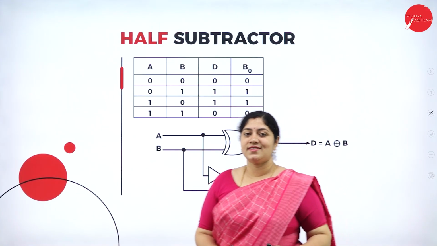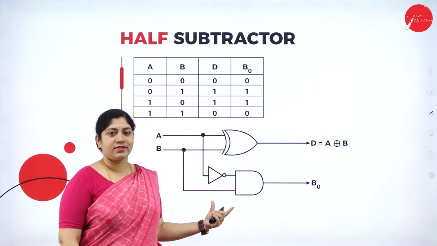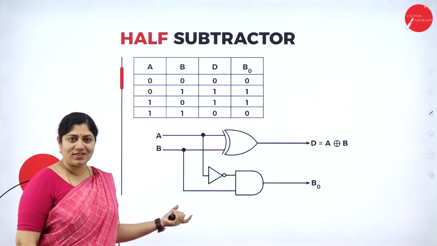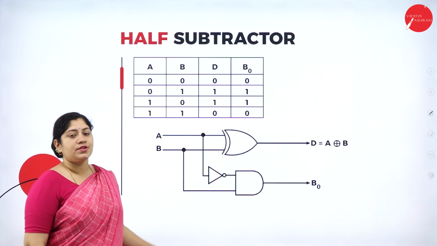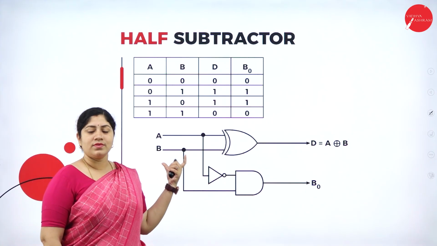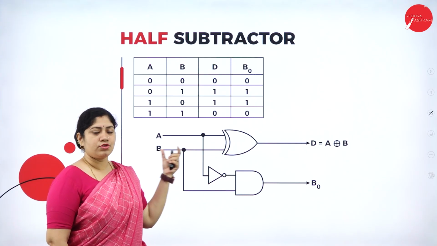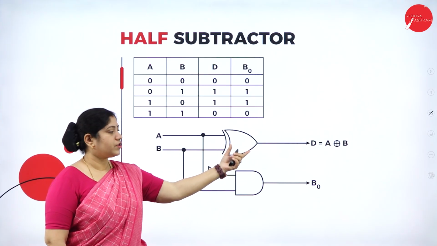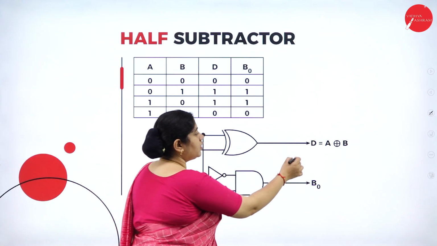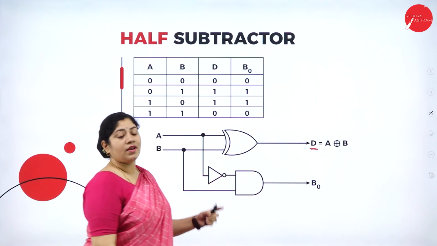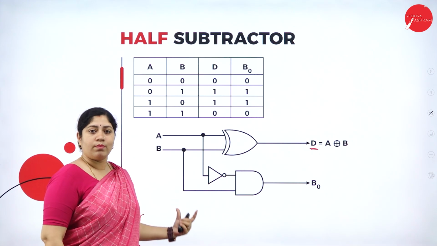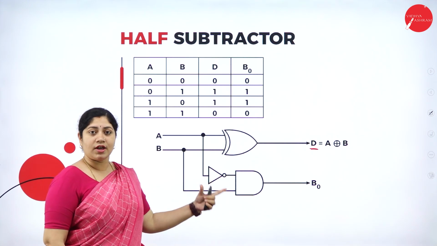Next, let's see a quick logic diagram drawn using basic gates, followed by a truth table. For the logic diagram, as we know, the difference is an XOR gate, correct? So we will be drawing a 2-input XOR gate. The output is the difference, which is none other than A XOR B, followed by our borrow, which is none other than A dash B, correct?